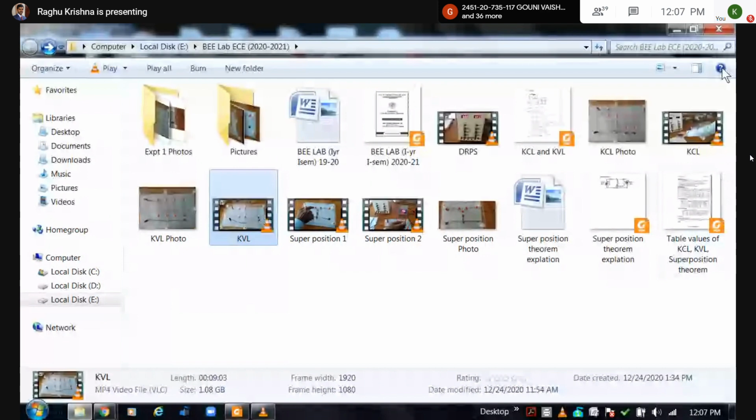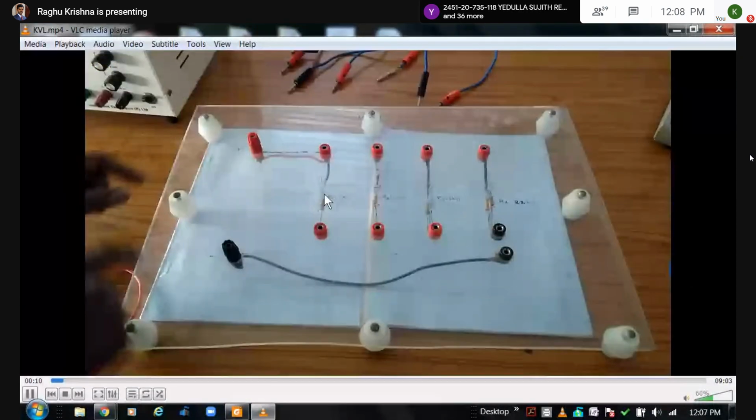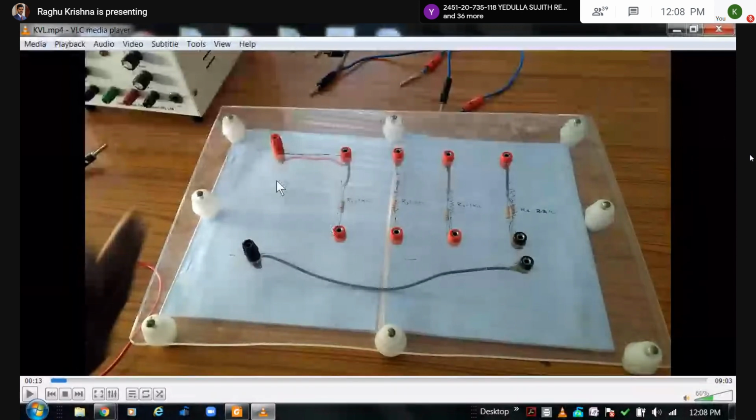So first let us understand, here this is the kit. So R1, R2, R3, R4. Now I am going to connect. Are you able to see the mouse pointer? Yes, sir. So here, this terminal we are going to connect to the DRPS, dual regulated power supply, POS2 terminal of the supply.